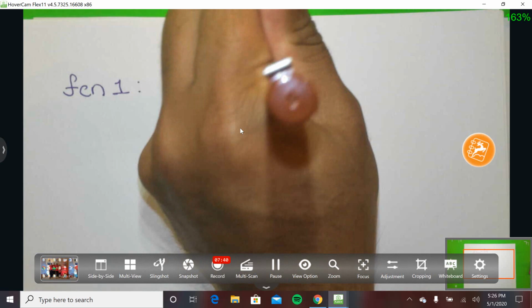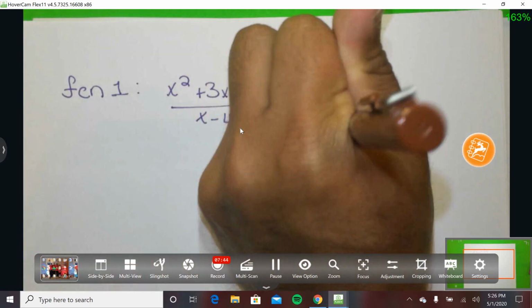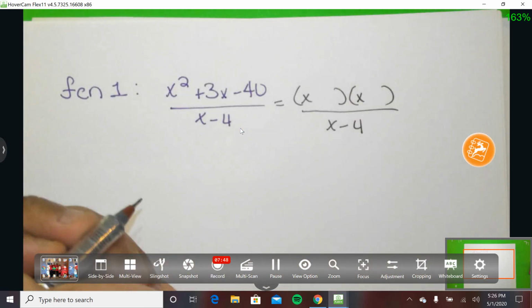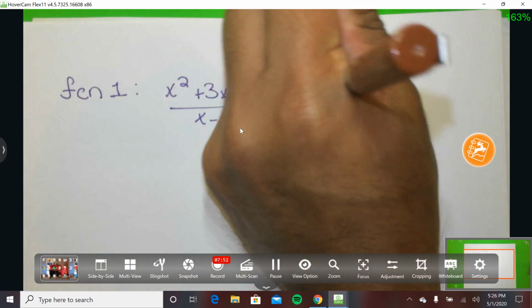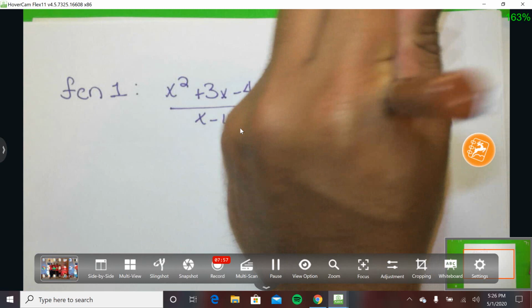So this becomes x and x, two numbers that multiply to get you 40 but add up to be 3, and that's 8 and 5. You're trying to get a positive 3, so that happens with a positive 8 and a minus 5.